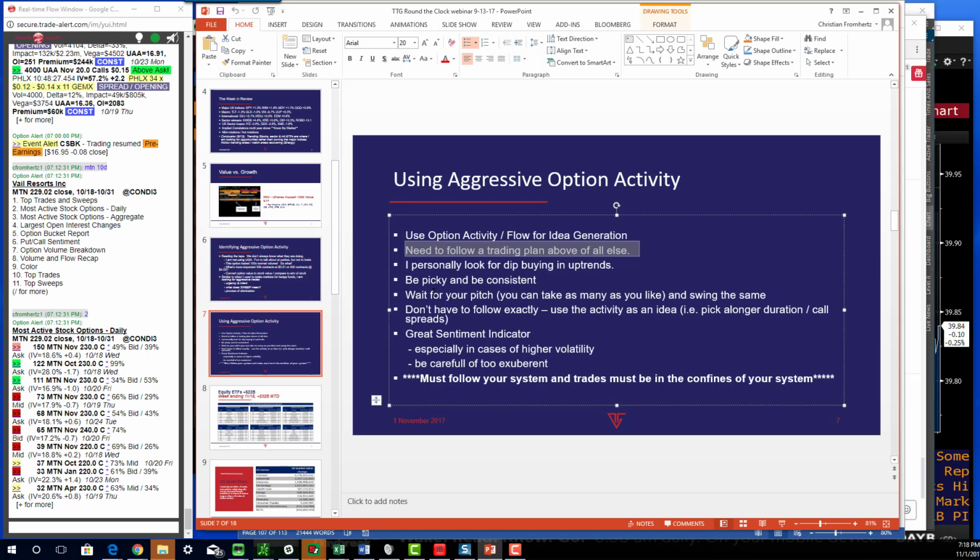So I basically will use reading the tape and the option activity for a trade idea. Once I see the trade and I decide to put it on, that's it. I'm on my own. They're not going to let me know what's going on with the stock or the reason that they originally bought the options for. They're not going to call me and tell me that reason's not there anymore. So you're on your own once you do that.